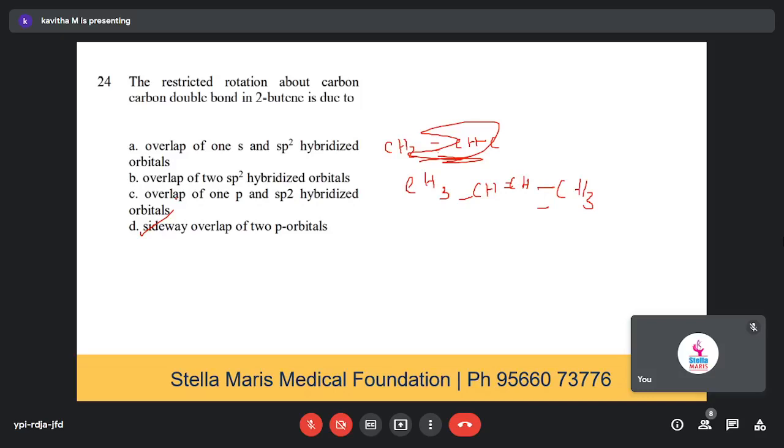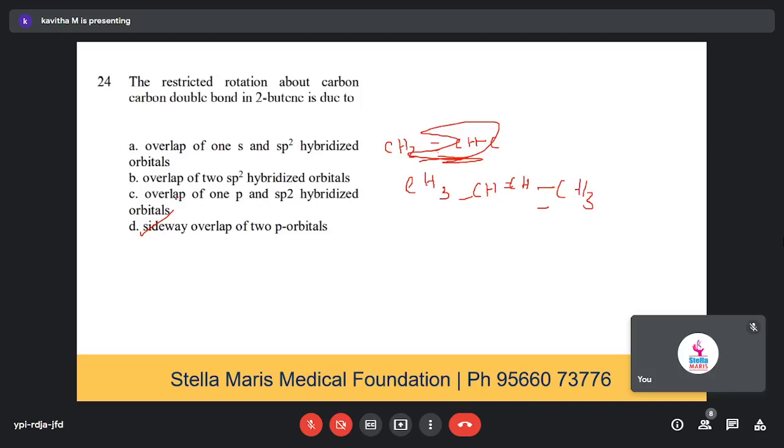So in the first option, the overlap of one s orbital and sp2 hybrid orbital happens for the CH bond, between the second carbon and the hydrogen attached. The overlapping of two sp2 orbitals happens for the CC single bond, and you have one unhybridized p orbital, and because of the pi bond only there is restricted rotation.